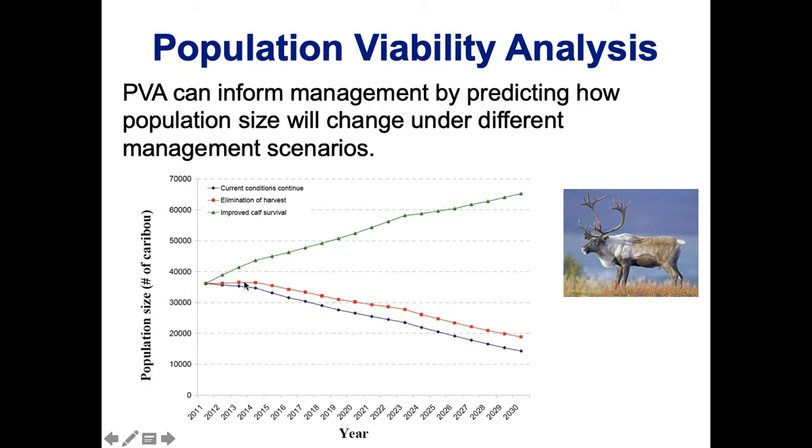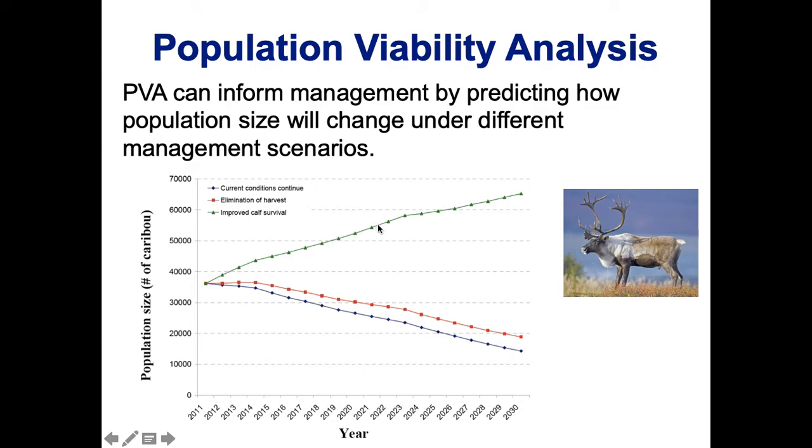So they had current conditions continue, which is the blue line. They eliminated the harvest, which you can see, modest increase, small increase in the population size, the number of caribou. And then they improved calf survival here on the green line.